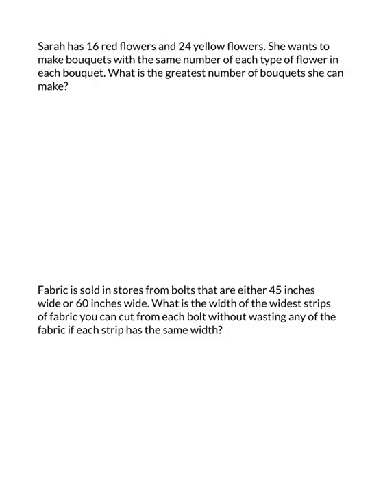So for these 2 problems, your job is to find the key word that tells you how you're going to solve it, and then actually solve the problem to find the answer. Now, a note that I'm going to make is that you might not know, for example, what a bouquet is or what a bolt of fabric is. That's okay. You do not have to know what every single word in this problem means. What you need to do, though, is look in the question at the end of the word problem.